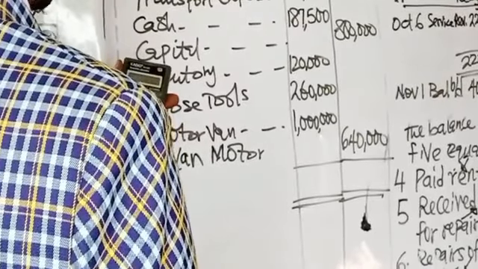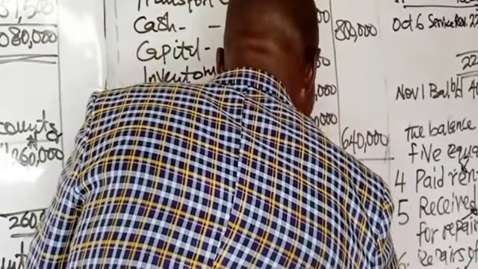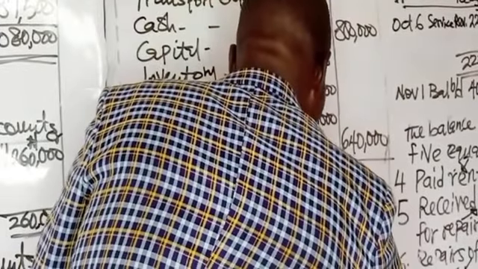The total of the debit side is 1,780,000.